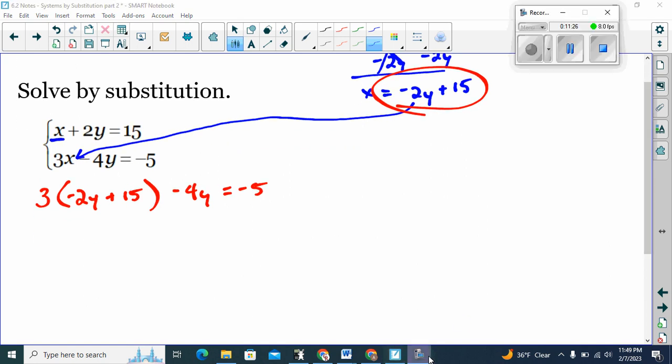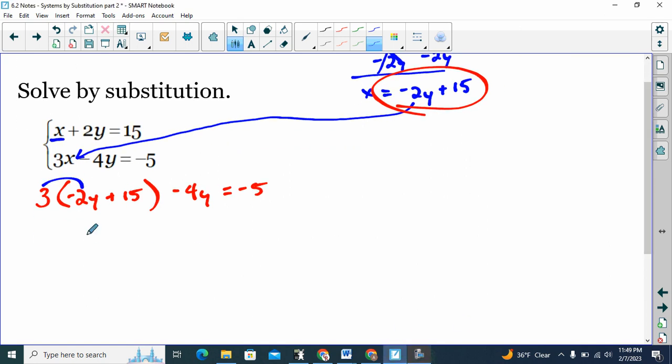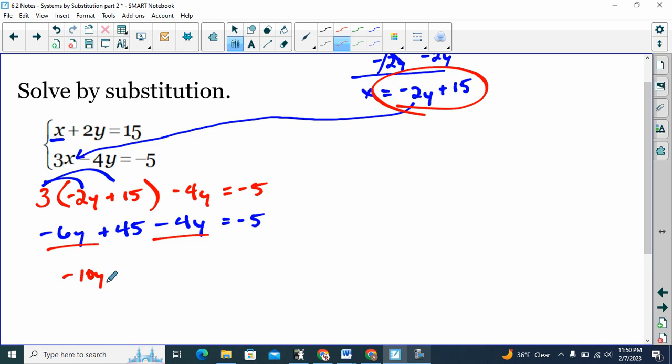It's going to take a couple steps, but we can get there. Distribute your 3. Combine your like terms. Negative 6y minus 4y, that's negative 10y.